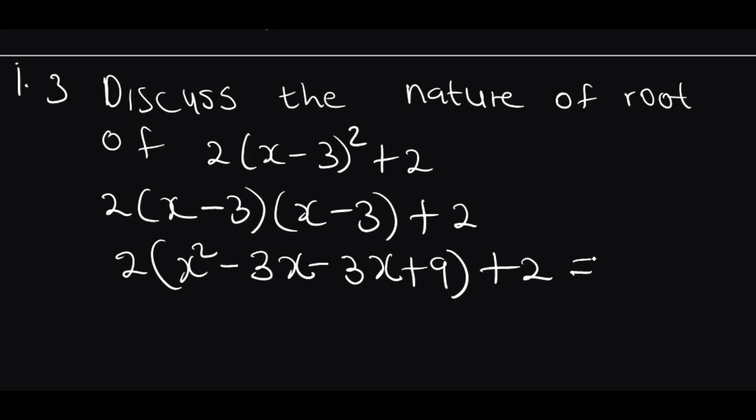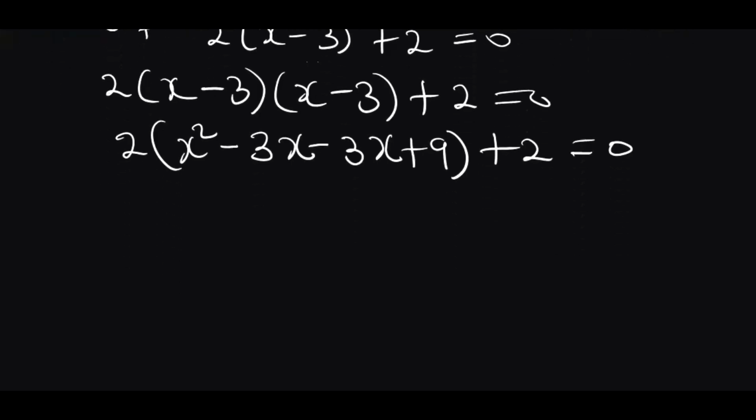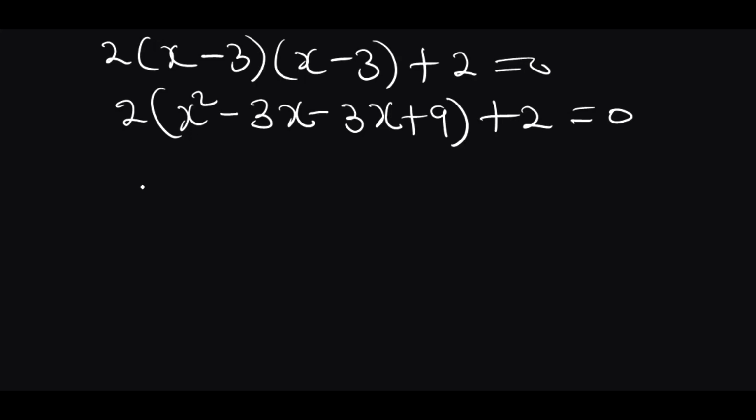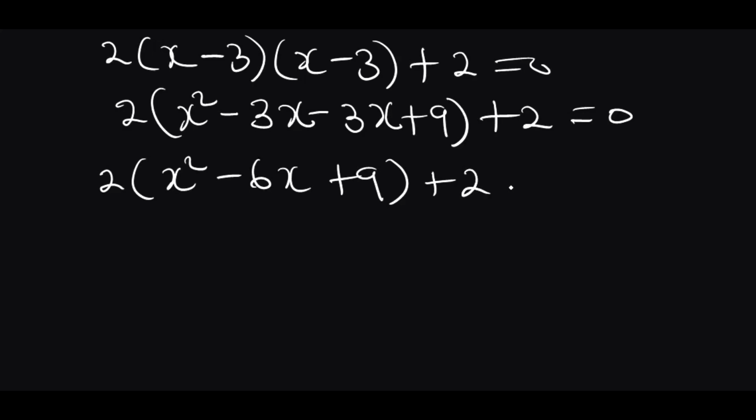That is equal to 0. There is 0 here also. Right, now we have 2 into (x squared minus 6x plus 9). Where do we get this? Negative 6x, that is negative 3x minus 3x. Right, plus 2 equals to 0. Now let us remove the brackets.